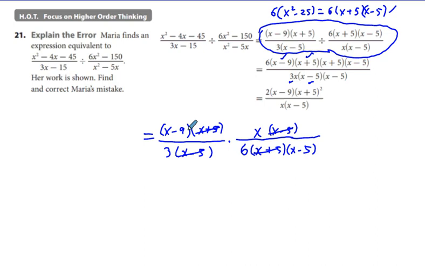So left in the numerator, you have x times x minus 9 over 18 times x minus 5, which is different than the original here. So we found actually just the wrong rewriting and combination of this division problem being changed into a multiplication problem.